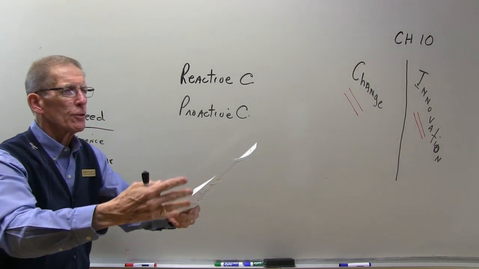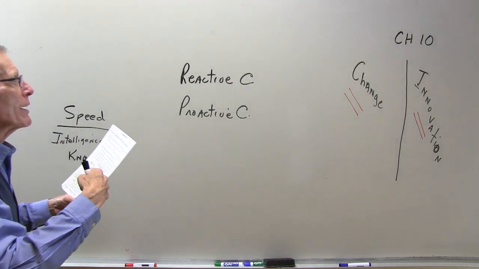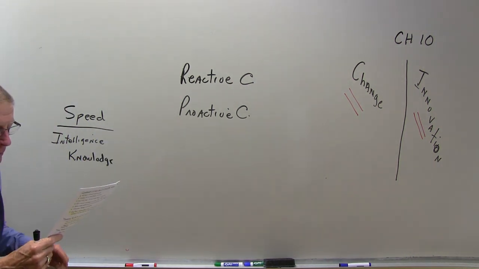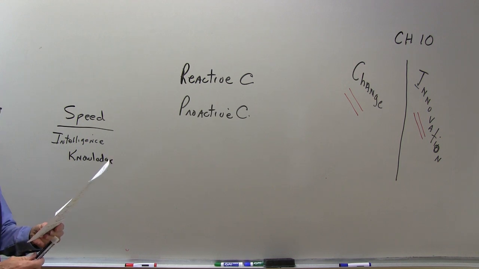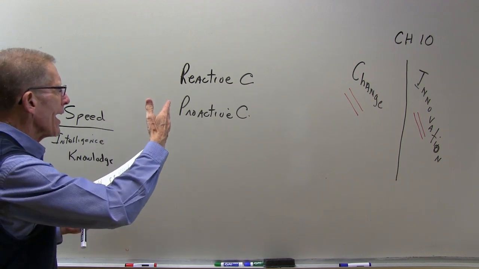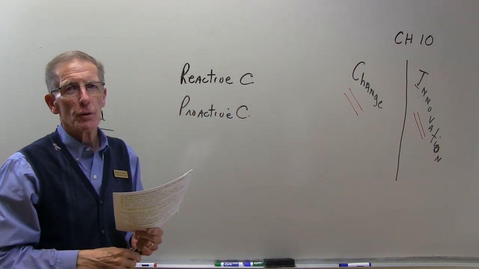You react to something and you make change. Proactive involves making changes ahead of time. As we said here, proactive involves making carefully thought out changes in anticipation of possible expected problems or opportunities. You do something ahead of time. With reactive change you react. Proactive, you get ahead of the curve, so to speak.